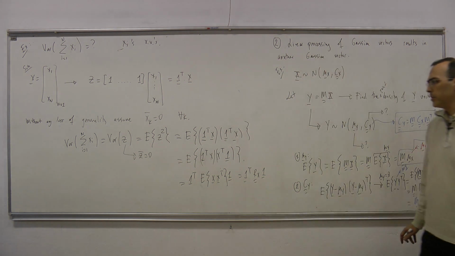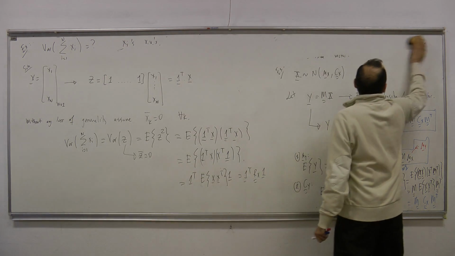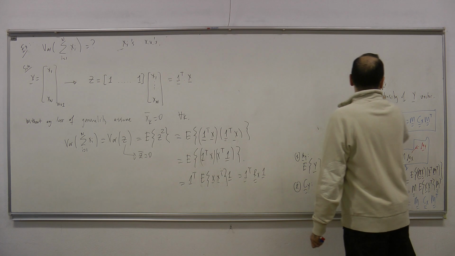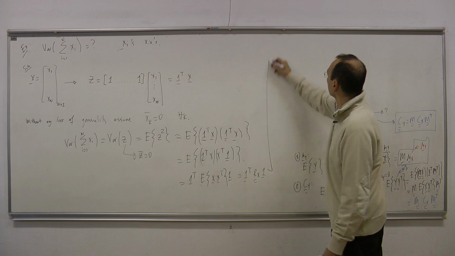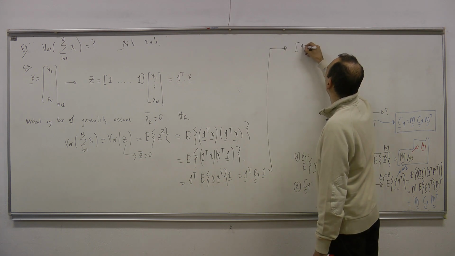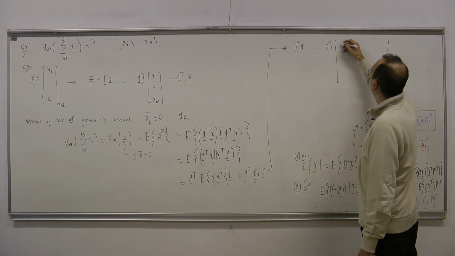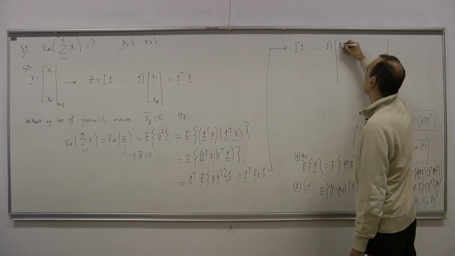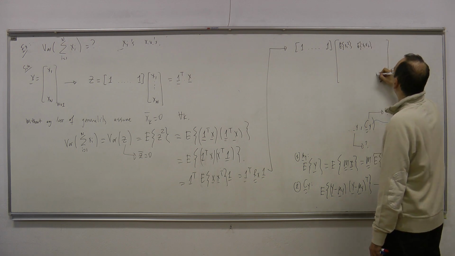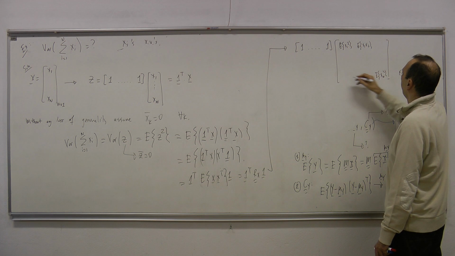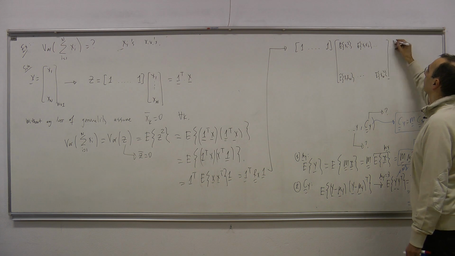So what is this? 1 transpose Rx 1. This is all ones, and this is the Rx matrix: expected value of x1 square, expected value of x1 x2, expected value of xn square, expected value of x1 xn, and so on, and ones.